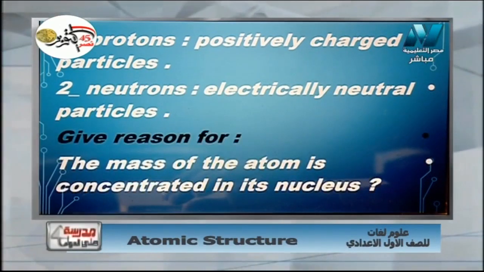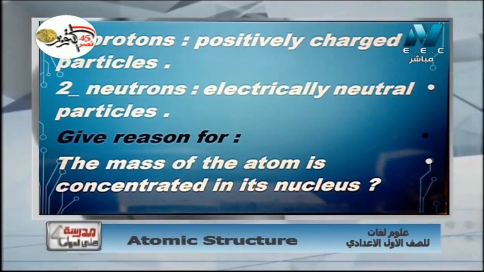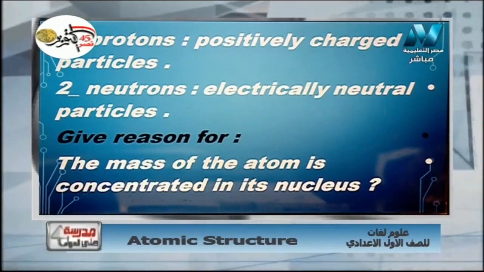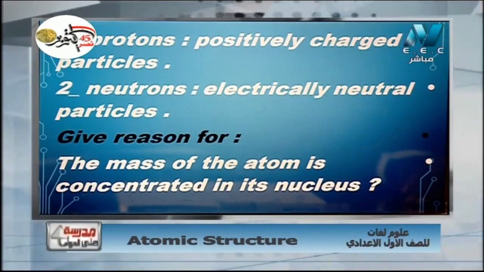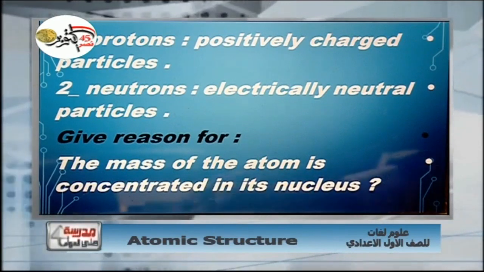Now the question is: give a reason for why the mass of the atom is concentrated in its nucleus. As I told you, my dear student, it's because it contains protons and neutrons that have more mass.